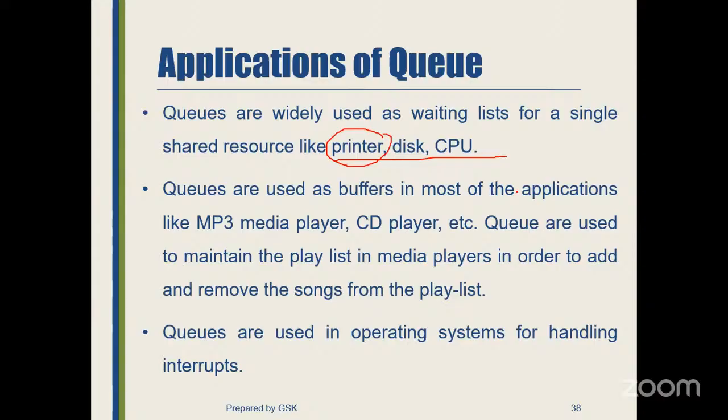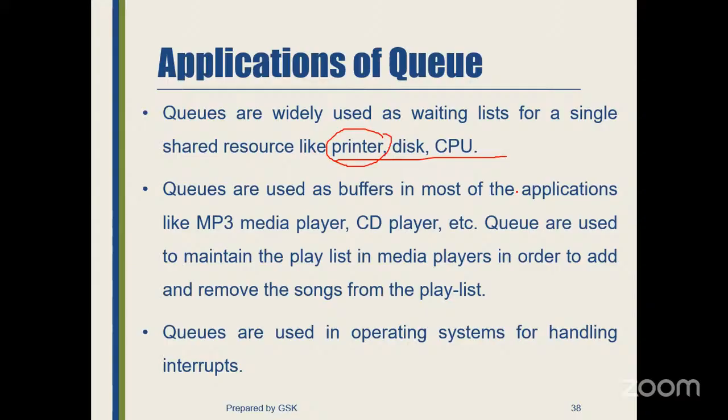Queues are used as buffers in most of the applications like MP3 media player, CD player, etc. Queues are used to maintain the playlist in media players in order to add and remove the songs from the playlist.